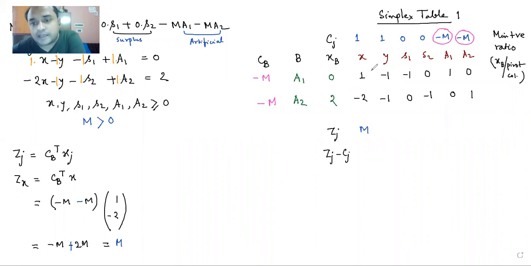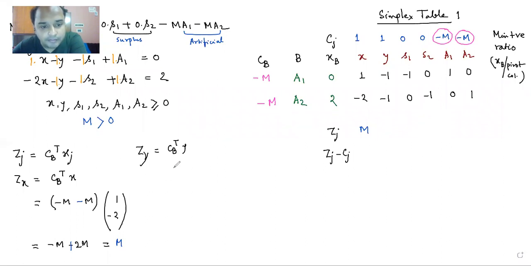Second one will be minus M into 1 plus minus M into -1, that is M. Let me write it over here. I can also make some errors.